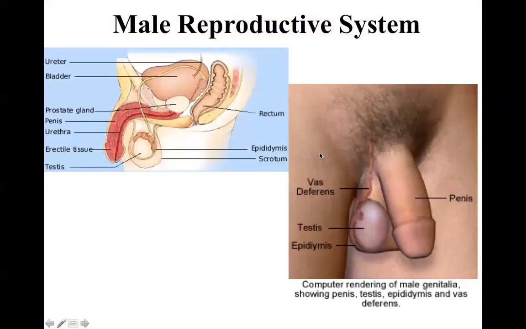The reproductive system, the male reproductive system: you have testes, penis, prostate gland, seminal vesicles, the vas deferens. In this case, we're talking about the fact that the testes make sperm, and the sperm then are going to go out through the penis to deliver it to an egg.